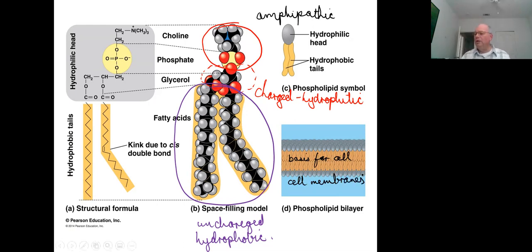So when we get to chapter 7, which we'll do in a couple of weeks, we're going to spend some more time talking about phospholipids and their role in cell membranes, because that's the chapter where we talk about the structure of cell membranes.